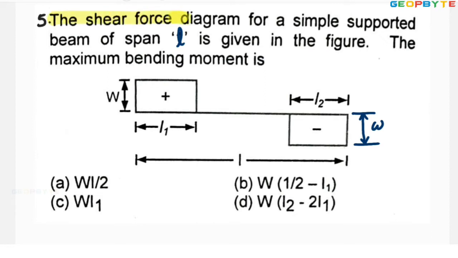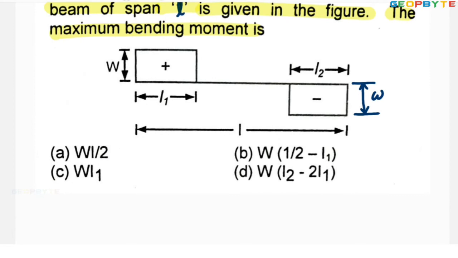The shear force diagram for a simply supported beam of span L is given in the figure. The maximum bending moment is, look at the shear force diagram. Here the load at the extreme left, let that be A, is W. The load at the extreme right side, that is B, is W. Then you are asked to find the maximum bending moment.